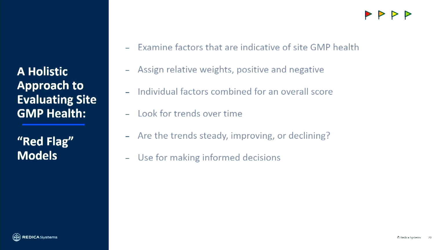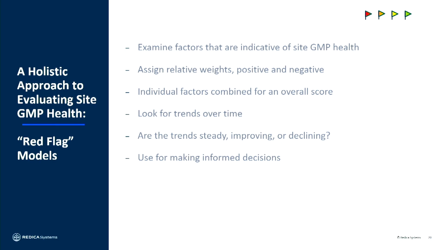Individual factors are combined for an overall score, and then, as I mentioned, it's important to look for trends over time. And the title of my talk, Predicting the GMP health of a site, is accomplished by looking at trends. So you can assess this health over time, and then you can look at the trend. You can look at the trajectory. Is it going up? Is it level? Is it going down?